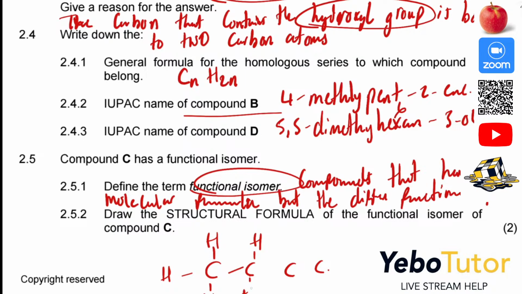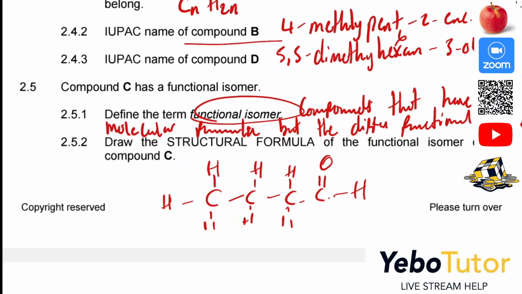Then we have our H over there, H over there, H over there. So that will be 1, 2, 3, 4, then we have that O over there, C over there, then our H there. So that will be our structural formula for the functional isomer of compound C.